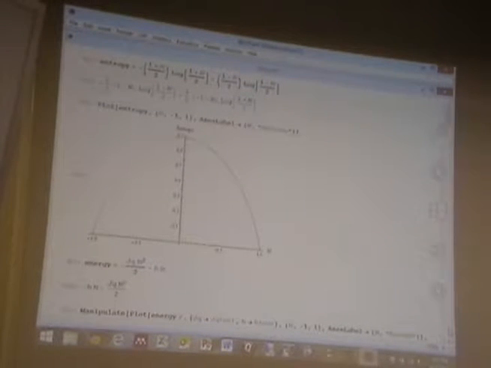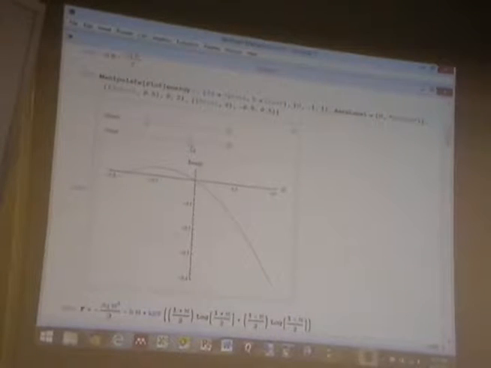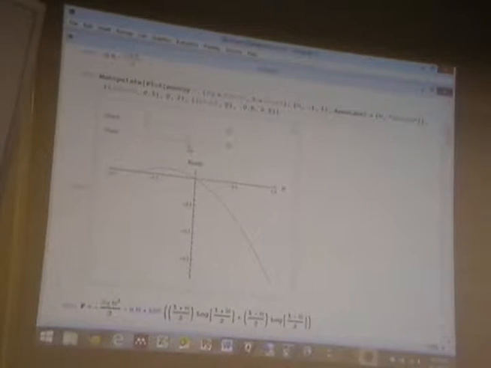I've got the equation for the energy, and that's a pretty simple equation, but of course we can plot it. The energy looks like an upside-down parabola, and I can tune it with this nice Manipulate command in Mathematica to change the J parameter or change the h. As I vary h, it changes the symmetry of the curve.